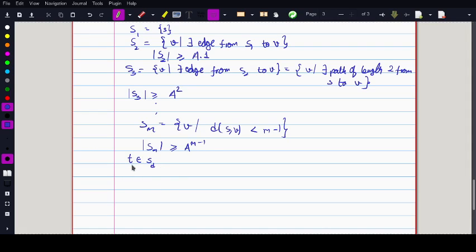And when this happens, we would know that we have traversed all paths of length d, so Sd would be equal to the entire vertex set, because we had traveled all the vertices.